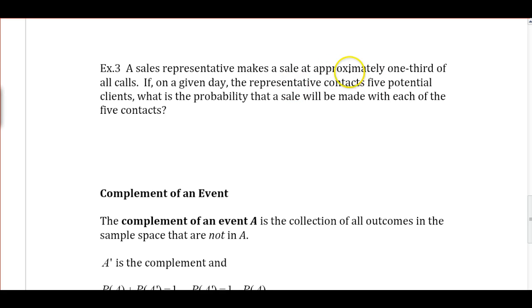Since he's going to make a sale approximately 1/3 of all calls, and he's going to make 5 calls, it would be 1/3 raised to the 5th, or 1 out of 243. That's the probability that a sale will be made with each of the 5 contacts, because with each contact the probability would be 1/3, and he's going to call 5 people, and they are independent events.